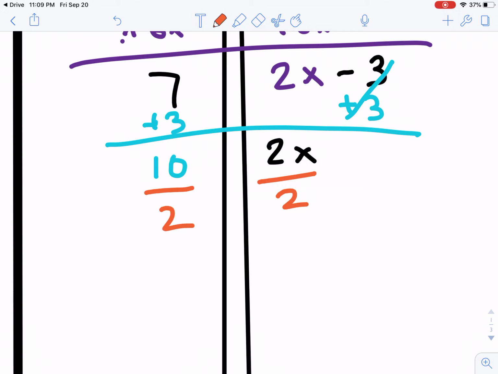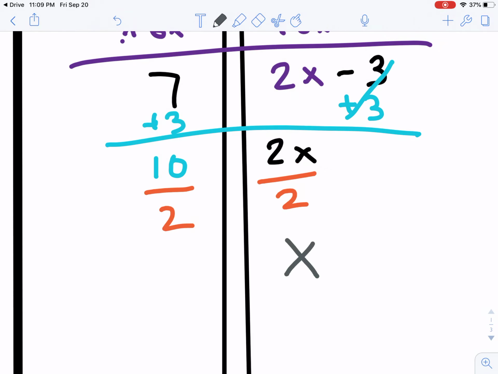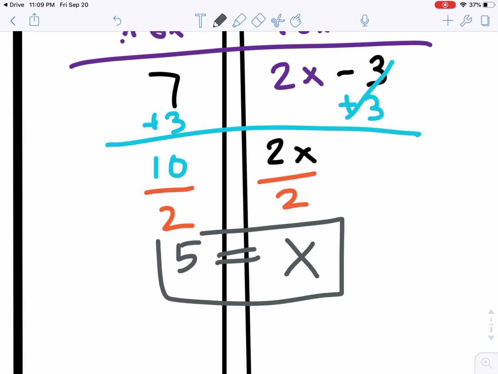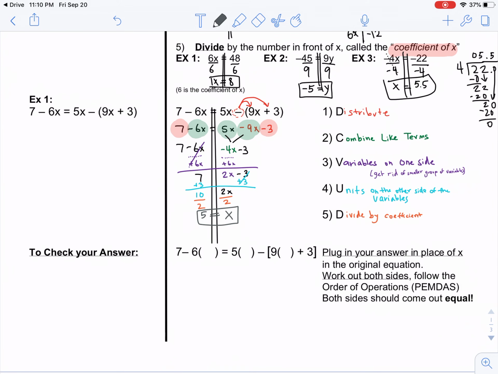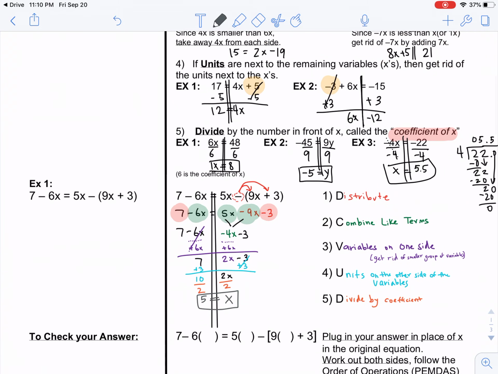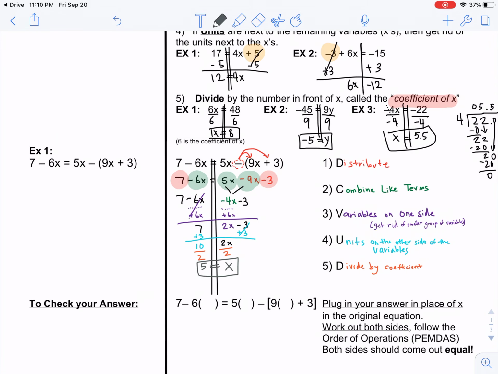And our final answer is x equals 5. Okay. That is how you solve an equation. You first distribute, then combine like terms, get the variables on one side, the units on the other, and then you divide.